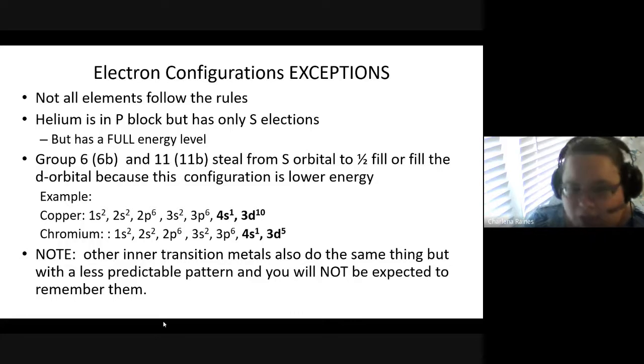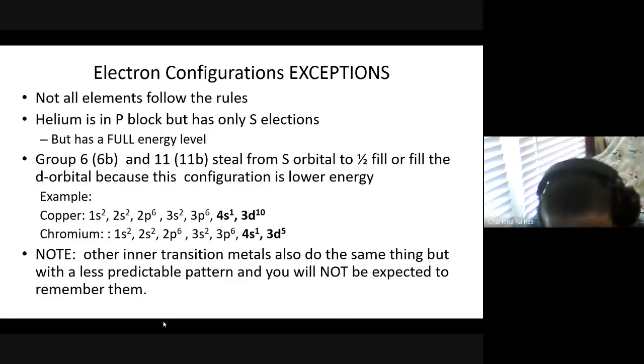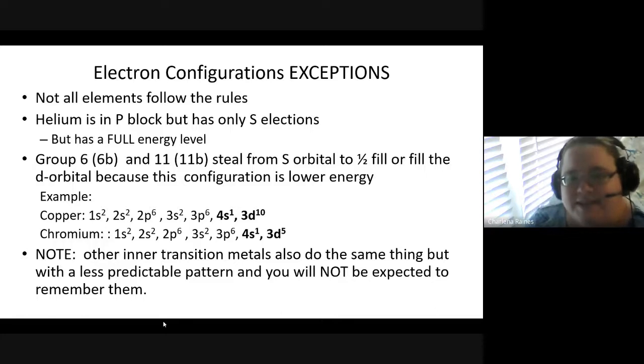So there's a couple other times where we don't see experimentally what we expect to see. And it is consistent for our transition metals in groups 6 and 11. For groups 6 and 11, one of those s electrons will actually go into the d orbital. It's a little bit stabler, seems to have a lower energy state, and that seems to be what the elements tend to form more commonly.